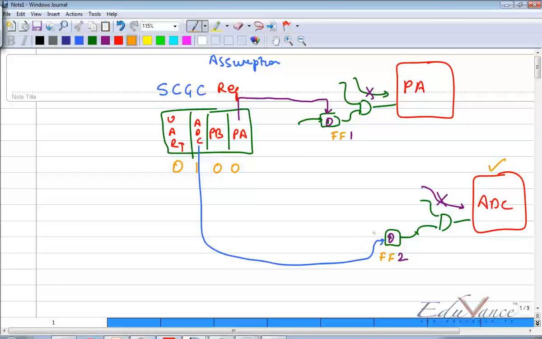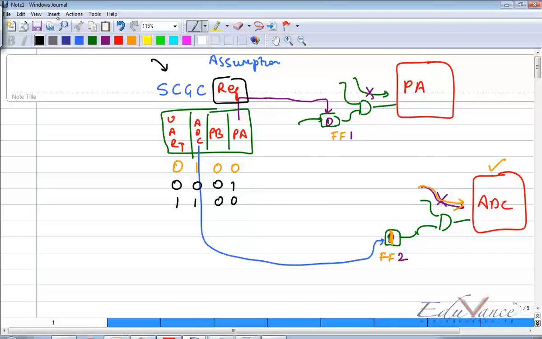Because we are just wanting to enable this flip-flop such that we can write a 1 here so that this clock can go through. Similarly, if I want to enable just port A, then I will write the value 0001 into this register. Similarly, if I want to enable, let's say, the UART and the ADC, then I would write 1100 and so on and so forth. So this is a register which we have called SCGC, which is System Clock Gating Control.